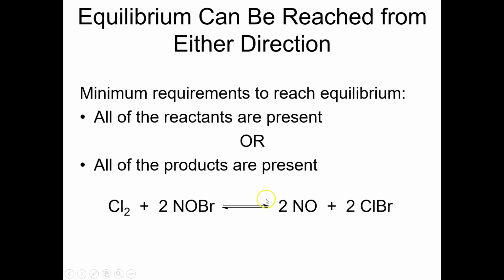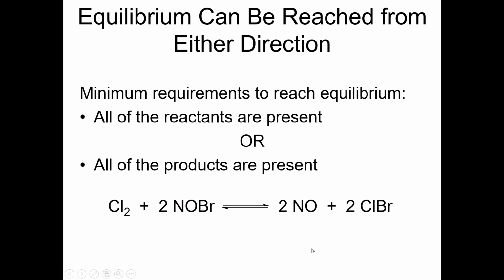I only have one of the two components necessary for the reverse reaction, which is nitrogen monoxide. And so neither the forward nor reverse reaction can occur, and therefore I can't reach equilibrium. But if I have both reactants, the forward reaction will start, and once the forward reaction starts, it generates products, which are the reactants for the reverse reaction, and I will reach equilibrium.